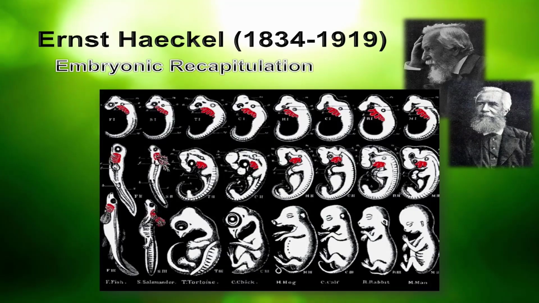Ernst Haeckel was a German biologist and avid supporter of Charles Darwin, and he popularized the theory now known as embryonic recapitulation. And he drew charts like this one on the screen here. Embryonic recapitulation, called the biogenetic law by Haeckel. This is not the law of biogenesis. This is the biogenetic law.